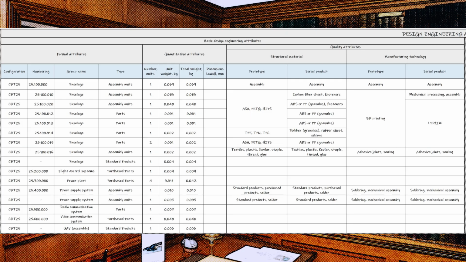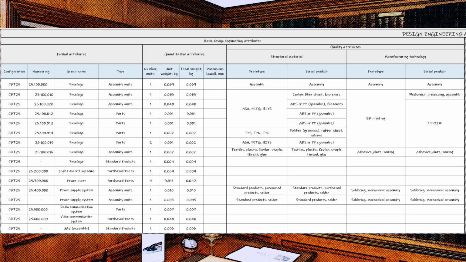In the qualitative attributes sub-block, options for the use of various structural materials and their corresponding technological processes are presented. This separation is due to the fact that at this milestone of the project, corresponding to the design engineering documentation, prototypes are manufactured using appropriate prototype technologies, which differ significantly from the serial ones.